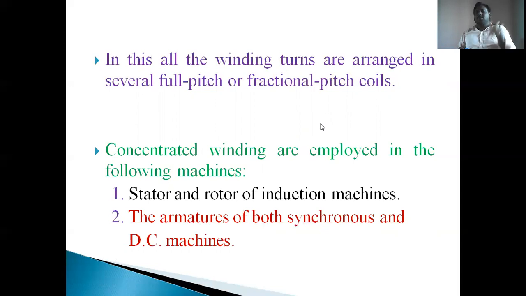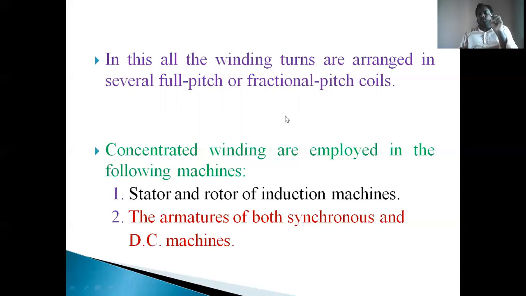These are the basic designs of windings: concentrated winding and distributed winding. Not only armature windings, but these are the basic designs of windings in a machine.